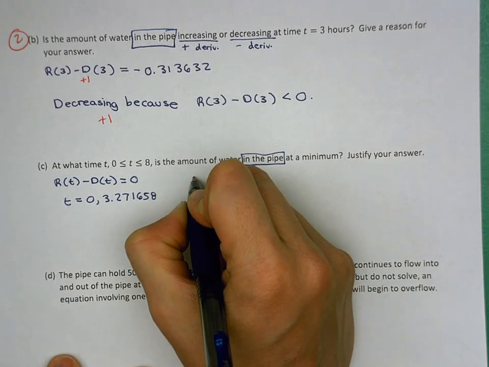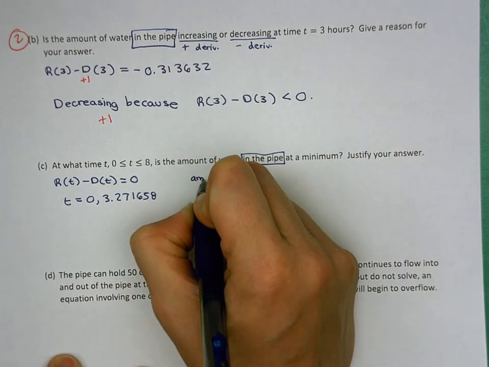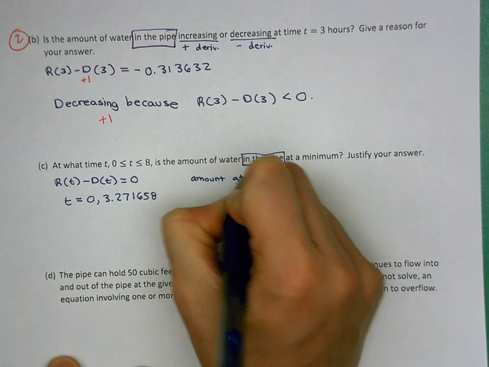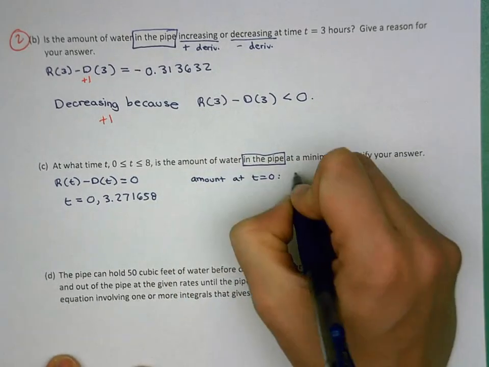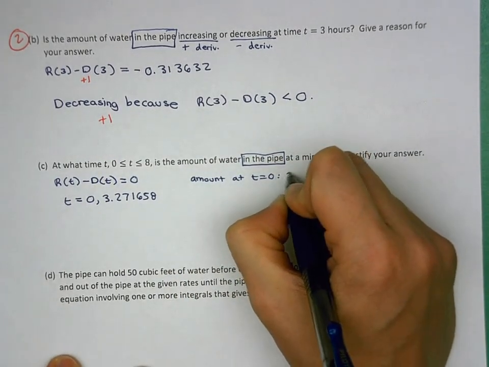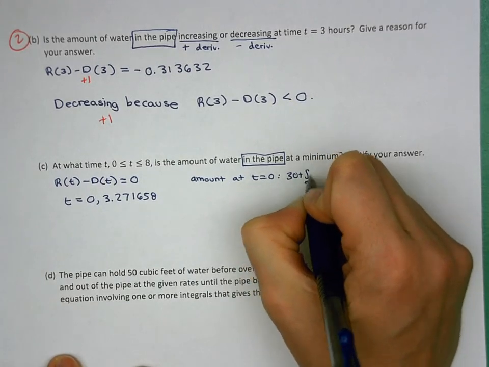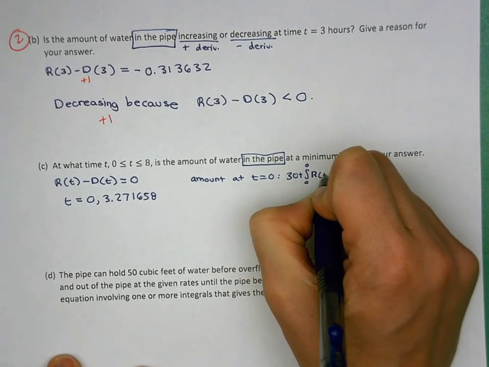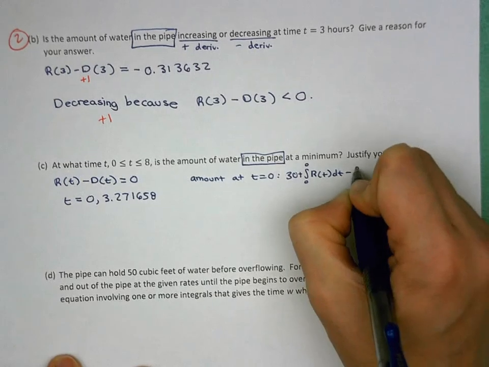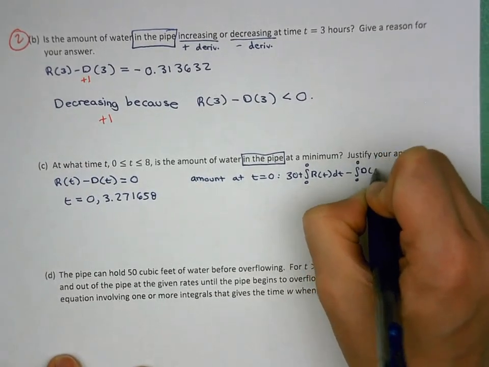So the amount at t equals 0 would be 30 plus the integral from 0 to 0 of r of t dt minus the integral from 0 to 0 of d of t dt, which is 30.